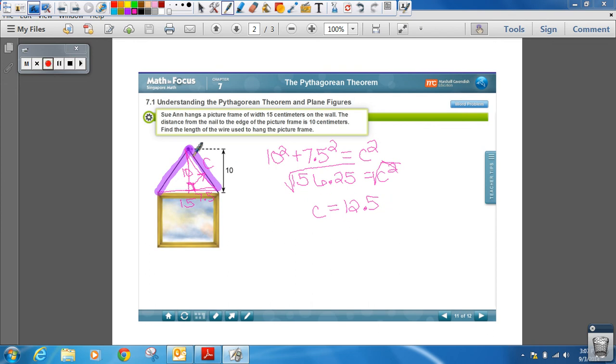But remember, I highlighted what I wanted my answer to be, and it was the purple. And 12.5 is just one side of that. So to get the total length of the wire, I would have to take that times 2, which gives me 25 centimeters long. So make sure you answer the question completely and double check your answer.